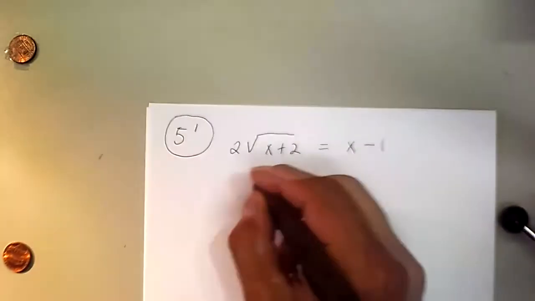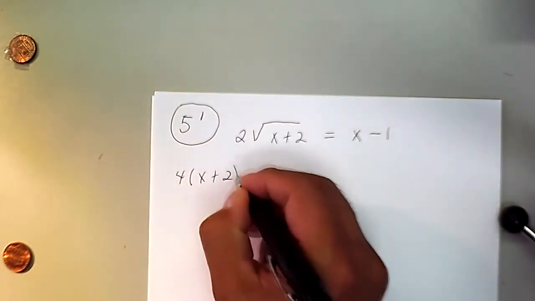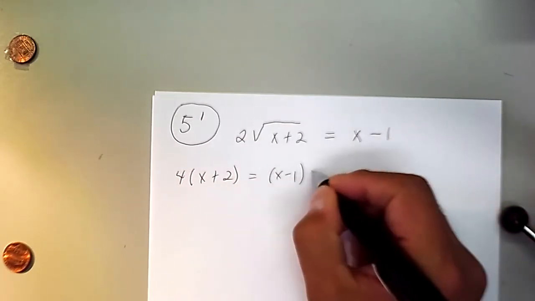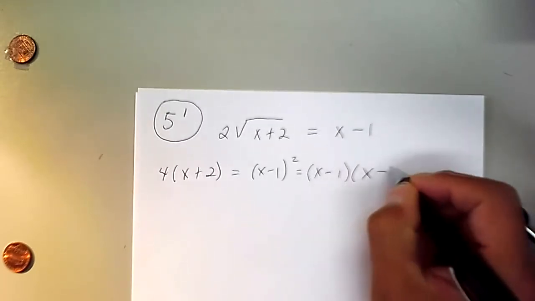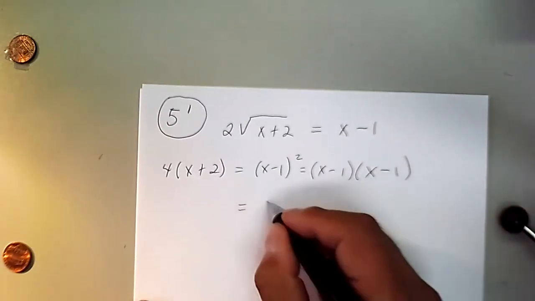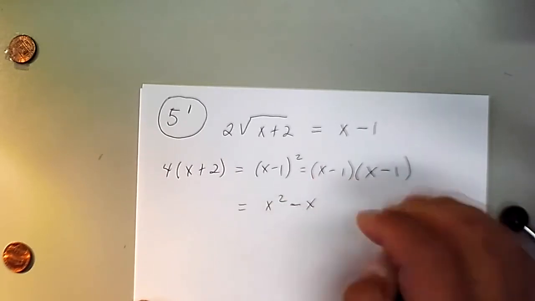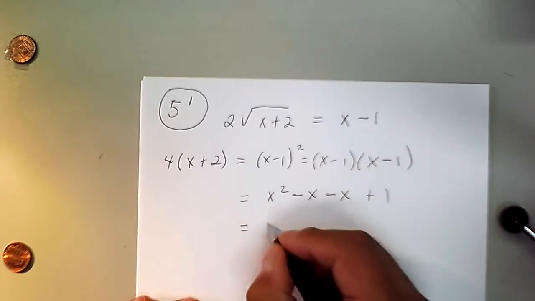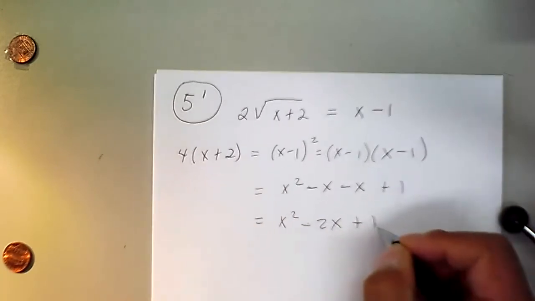Okay, so square both sides. For the quantity x plus 2, we did this before. Square that. x minus 1, which we're going to FOIL. So x minus 1 times x minus 1 gives us x squared, then negative x, and then negative x again, and 1. So we have x squared minus 2x plus 1.